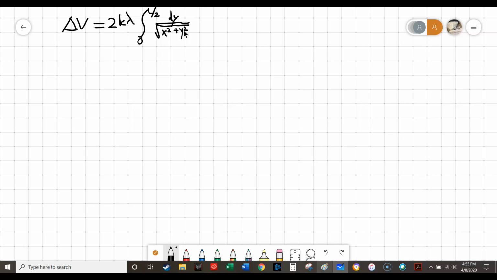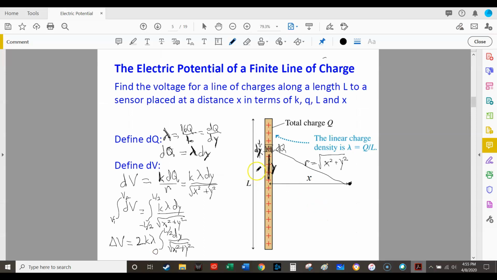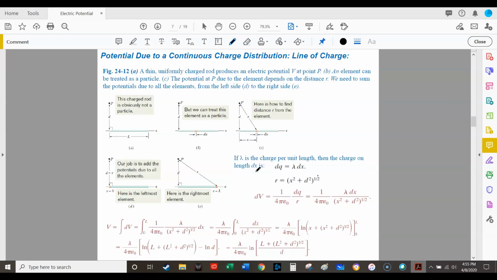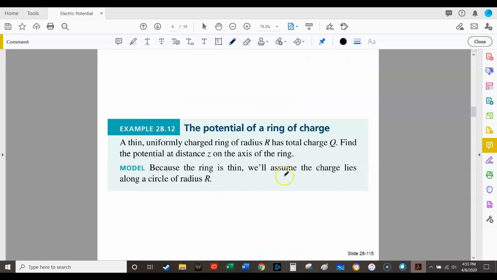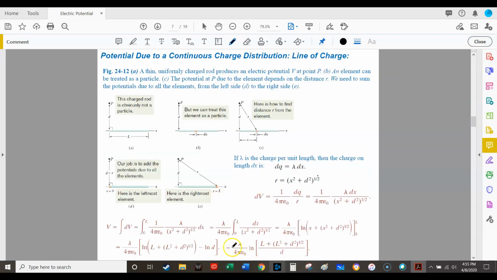If you want to skip on to the solution, it ends up becoming just this right here: the natural log of y plus the square root of y squared plus x squared, going from 0 to L over 2, with 2k lambda in the front. This problem, they're only doing 1/2 a wire.